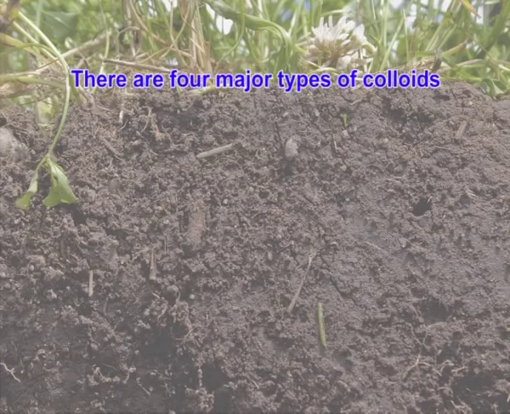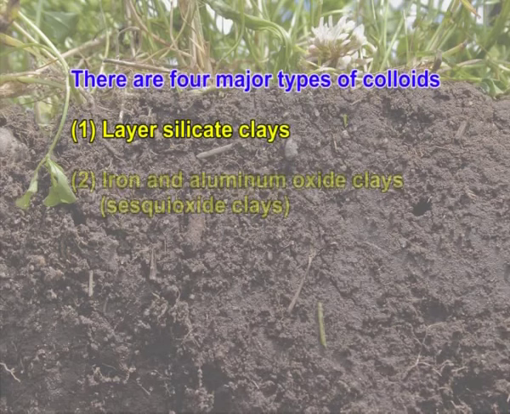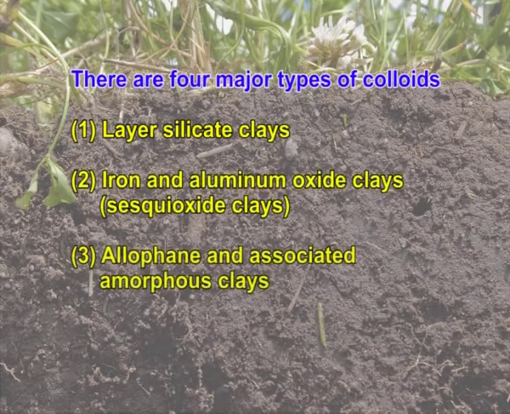There are four major types of colloids, namely layer silicate clays, iron and aluminium oxide clays, sesquioxide clays, allophane and associated amorphous clays, and humus.